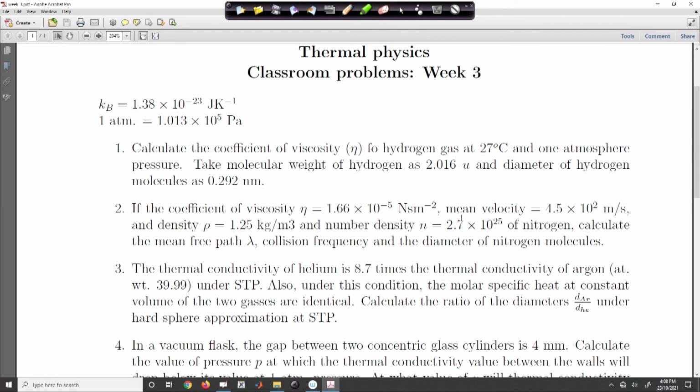Just write this and express Newton in terms of fundamental units, and you will get back the same unit. The mean velocity, c bar, is given as 4.5 into 10 to the power 2 meters per second, and the density and number density of nitrogen are also given. Calculate the mean free path, collision frequency and diameter of the nitrogen molecule.